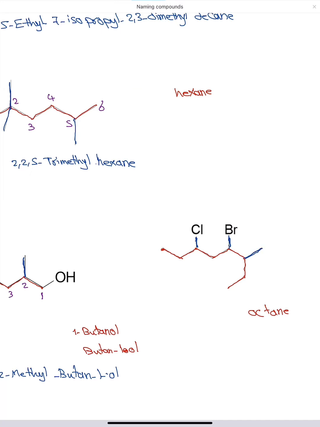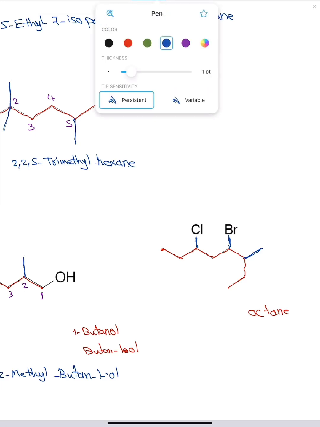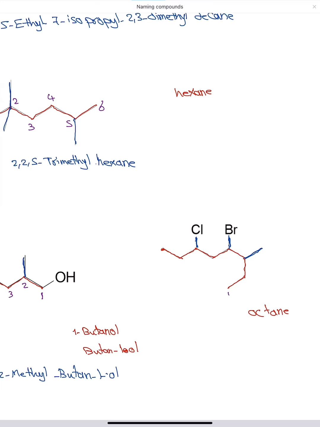So should we start numbering from the right or from the left? We would start numbering again from the side that will give the different substituents the lowest possible number. So if we start from the right, so let's say 1, 2, 3, 4, 5, 6, 7, 8, the substituents would be on carbon 3, carbon 4, and carbon 6. But if we start from the left, let's have a look.